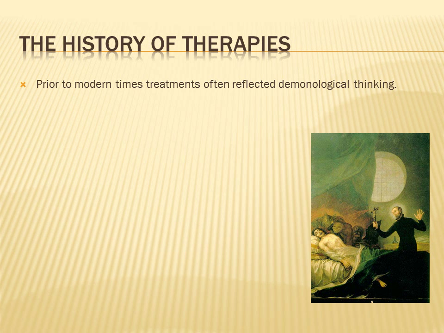Now, of course, with the onset of the Enlightenment and the decline of religiosity in Europe, that did nothing to alleviate the problem of the seriously mentally ill within the society, but they could not blame it anymore on demons or spirits.